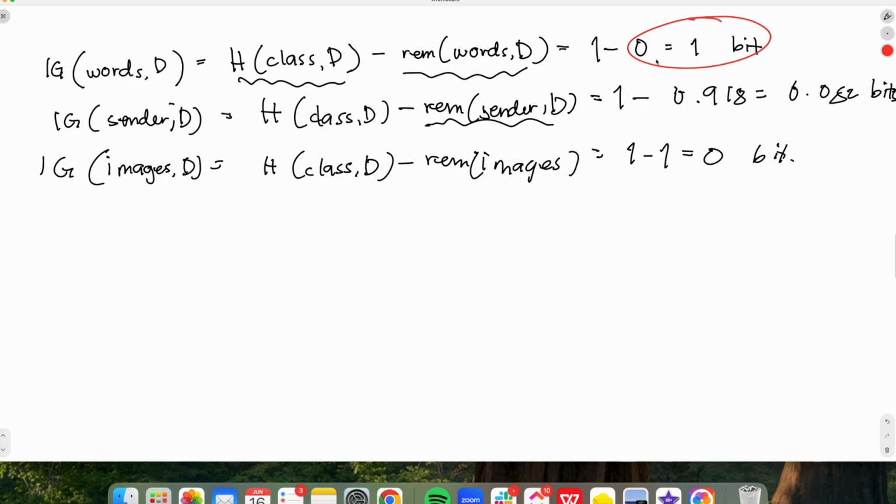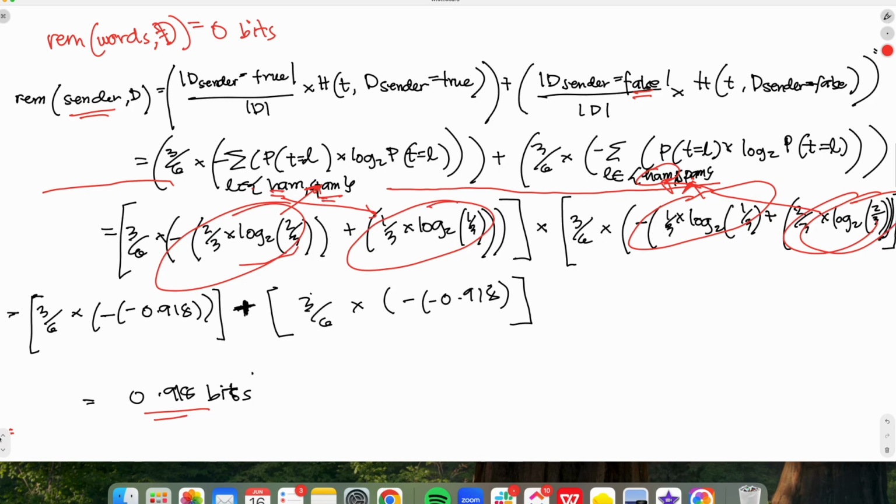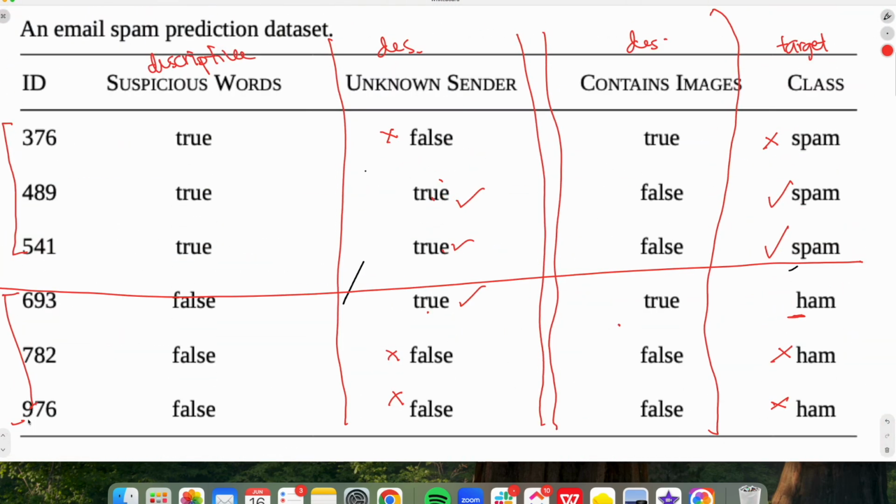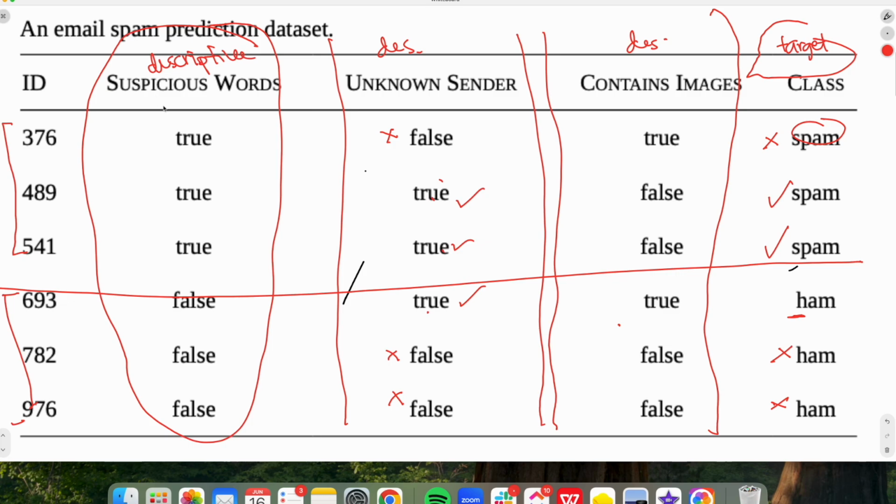This is equivalent to the total entropy of the entire dataset. So this indicates that the feature is perfectly discriminatory with respect to the target feature. This means that when we want to predict the class or target, to determine if the email is spam or ham, we should first look at the suspicious words as descriptive.